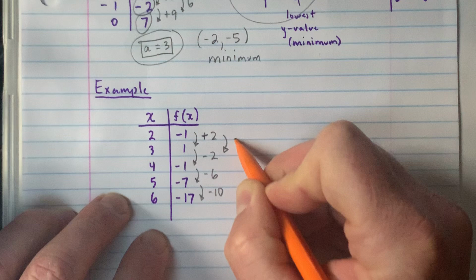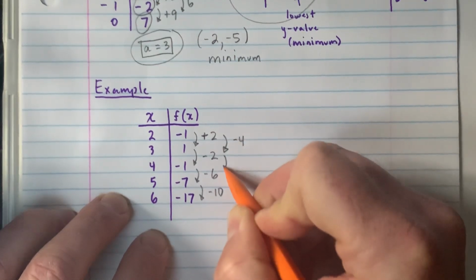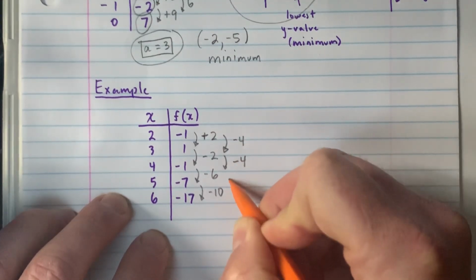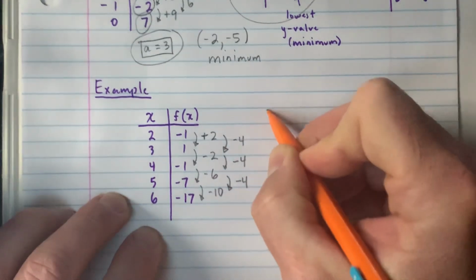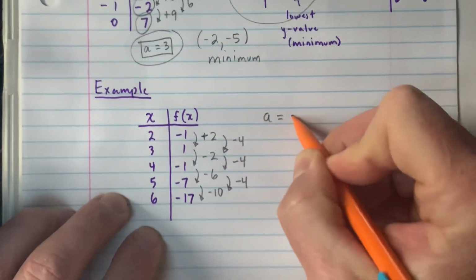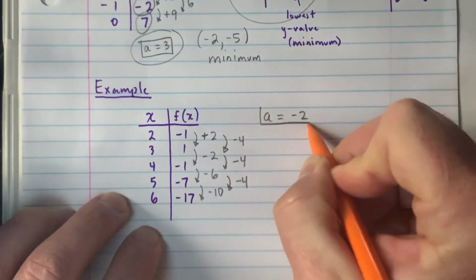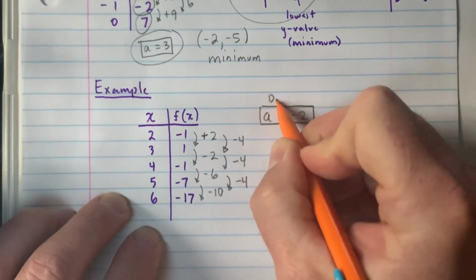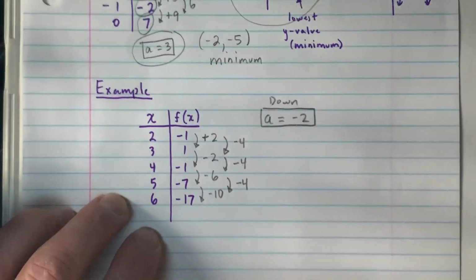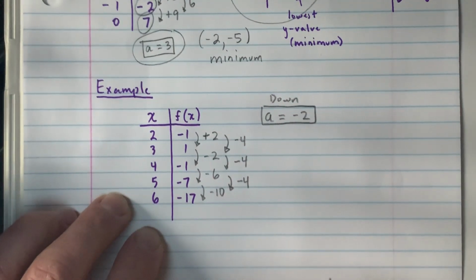Second change, -4, -4, -4. Half our second change would be -2, so that's our A value. And we can automatically see that this is going to be facing down just because the A value is negative, but we'll confirm that in the table as well.